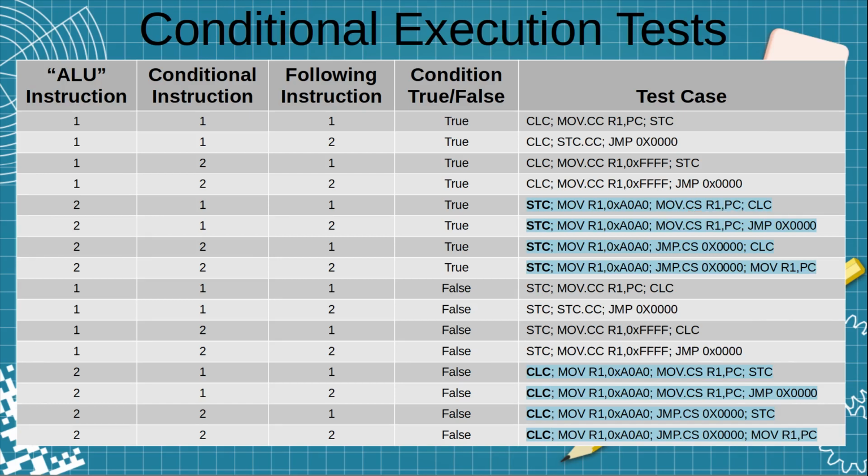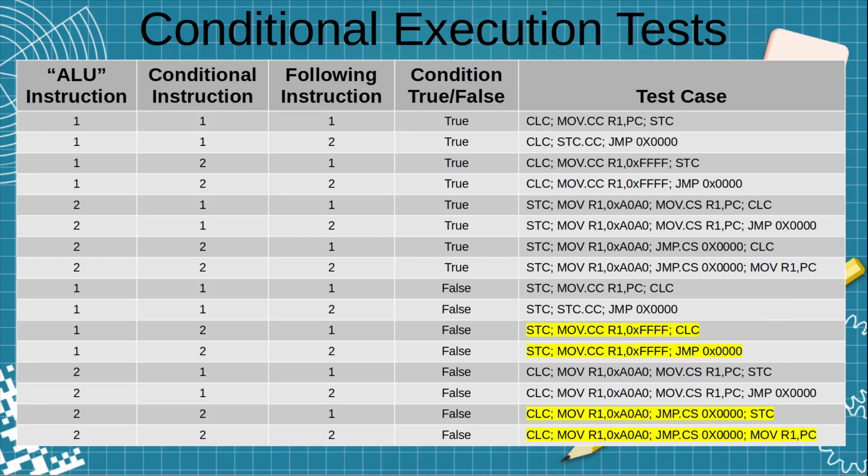Now, that said, I believe that there are going to be problems with a couple of these test cases. Specifically, there's 4 that are highlighted here. These are the ones that have a 2-byte conditional instruction where the condition is not met and therefore the instruction should not be executed. I really didn't think about this when I was considering the instructions.